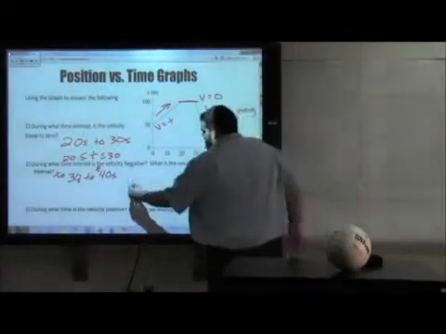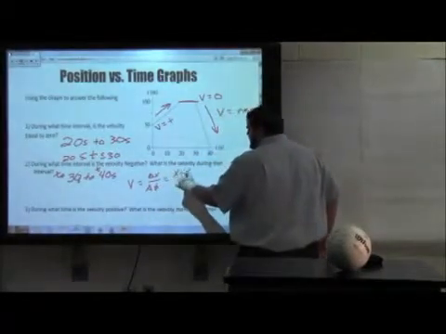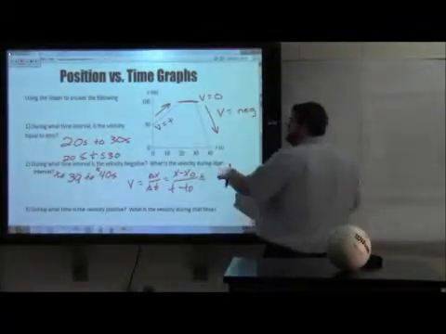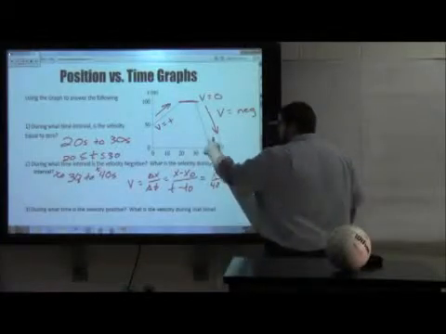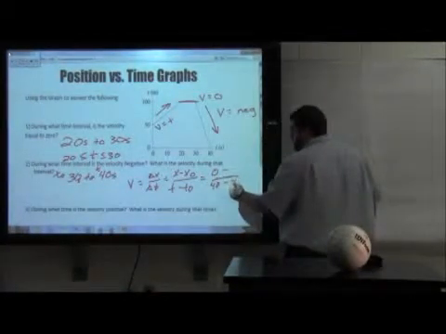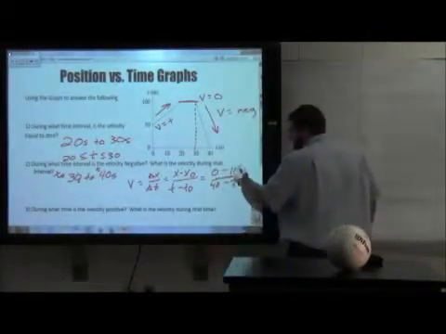So again, velocity equals delta x over delta t, which is x minus x naught over t minus t naught, which in this case, our current time is 40 seconds, and the current position is 0. Okay? My initial position is at 30 seconds, and at 30 seconds, I have 100 meters.